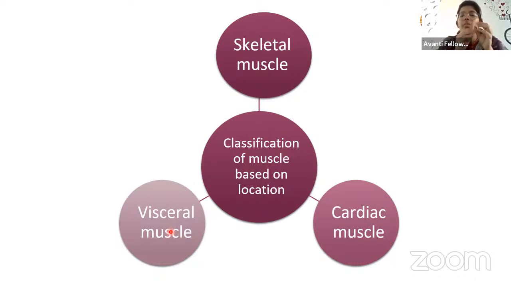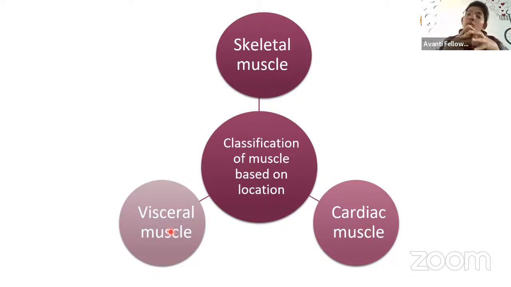Next, the muscles which are helpful for the formation of the heart. The complete heart is formed by a special type of muscle. Those are called cardiac muscles. And the last one is visceral muscle. Visceral organs, you know, kidney, stomach, pancreas, all these are visceral organs.